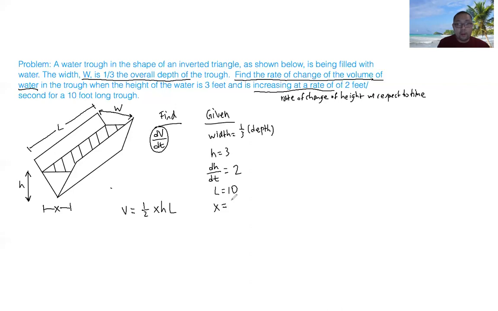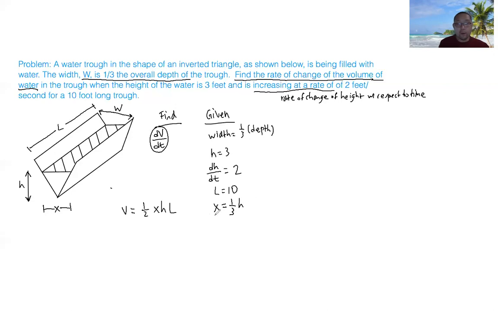The width is going to be 1/3 the overall depth of the water. In this case, the depth of the water is h, right? So x is equal to 1/3 h, all right?